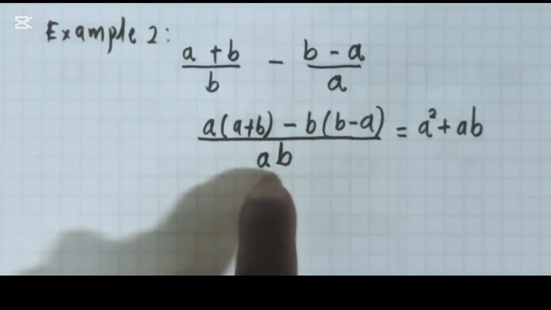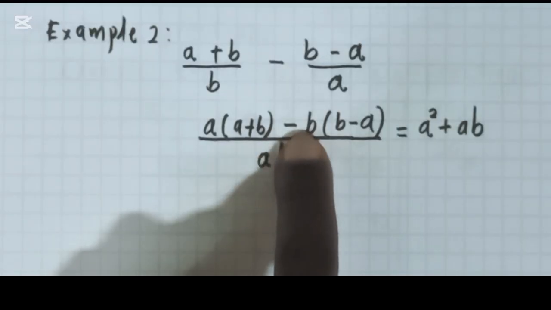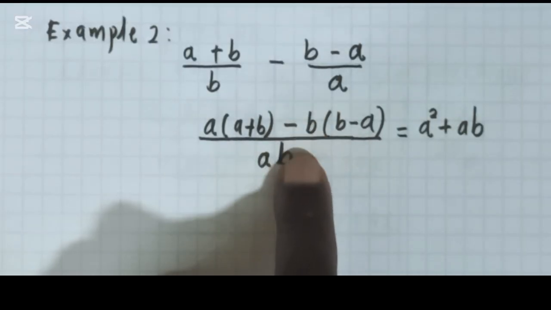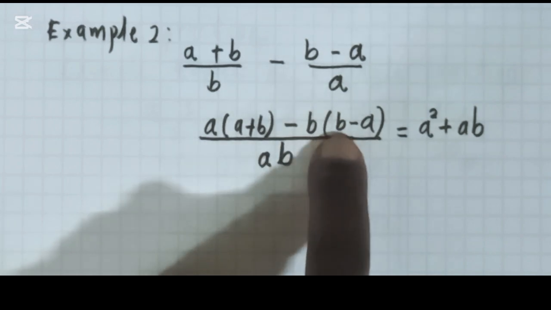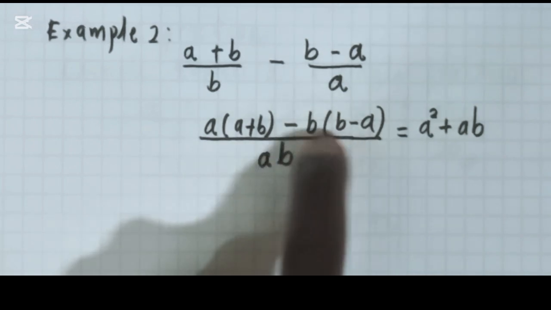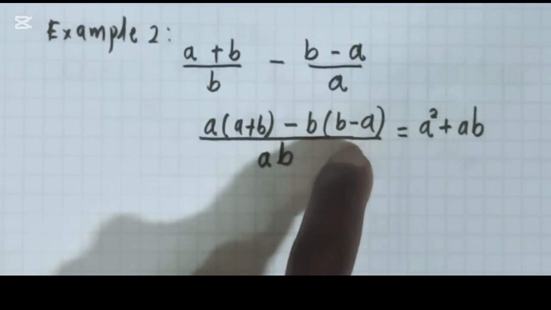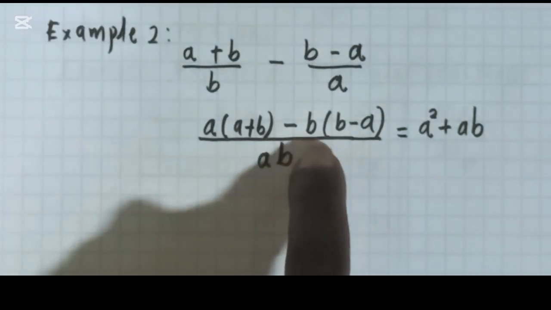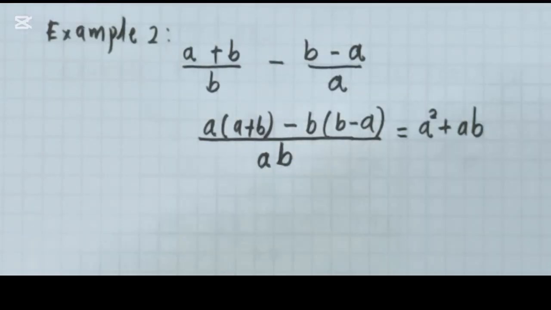Then moving on, we're going to have negative b times b. The power of b is 1, the power of b is also 1. So basically while you're multiplying, we are going to add the powers together, 1 plus 1. That is something that we'll tackle in our class on indices, so don't worry. When you get there, if you don't have a proper understanding of indices, you will then understand why we are adding the powers.